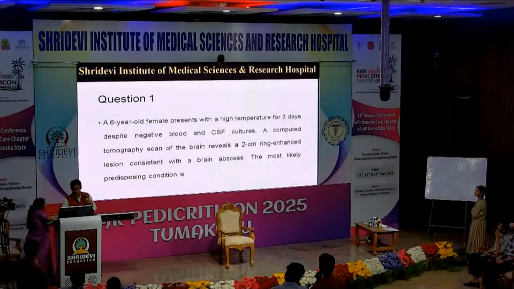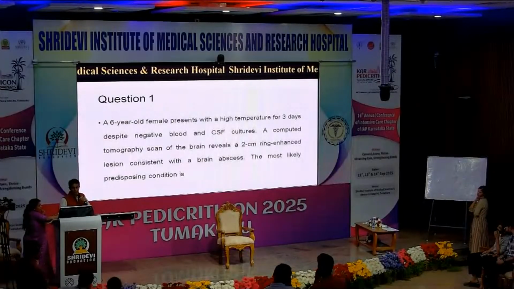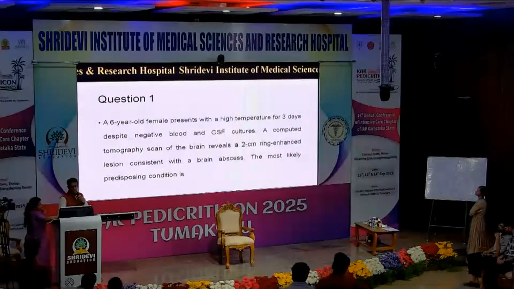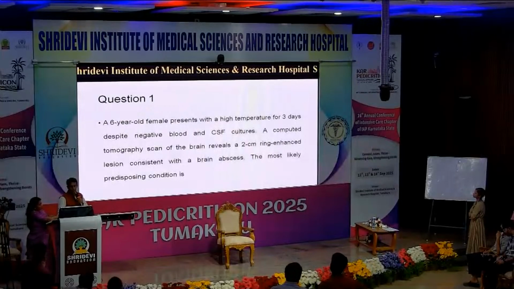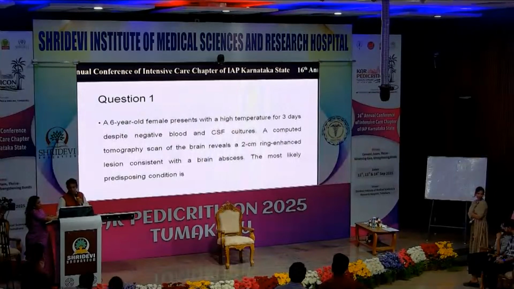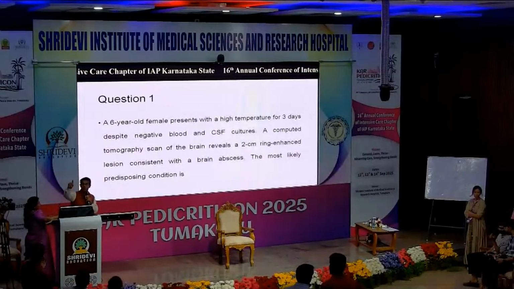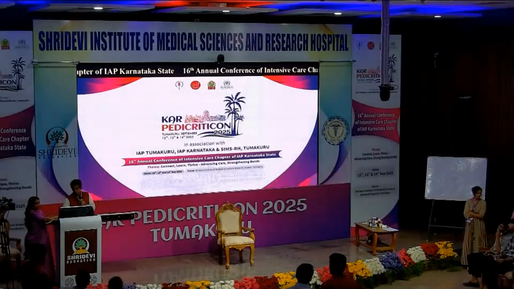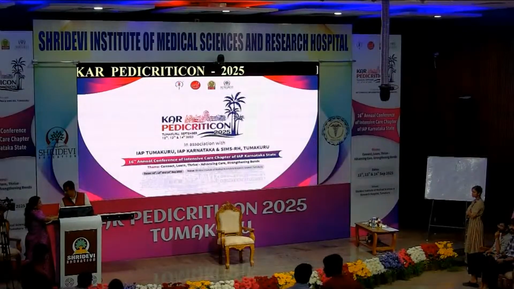Okay. Yeah. A 6-year-old presents with high temperature for 3 days despite negative blood and CSF cultures. A computerized tomography scan of the brain reveals a 2 centimeter ring enhancing lesion, the most likely predisposing condition. I'm sorry, 1 second. Just switch off, Madi. Because we've stopped at round 4. We've got 7 rounds.